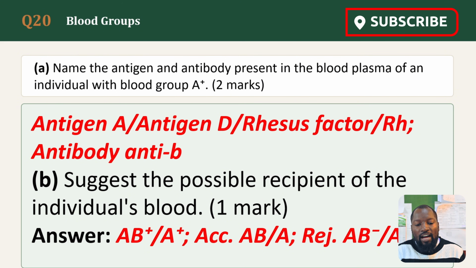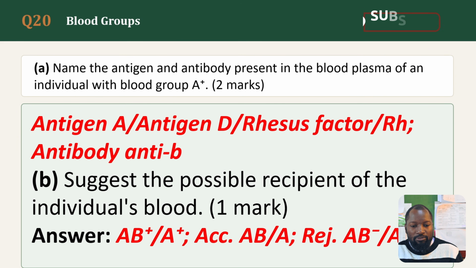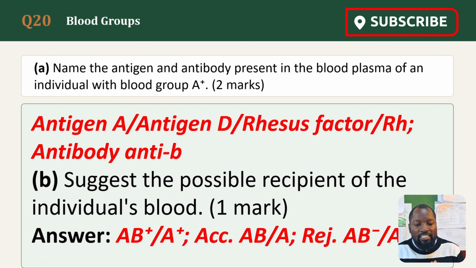They also have antibody B, but we are being asked to write the antigen. The antigen is either antigen A or antigen D, and then the antibody in this case is antibody B.